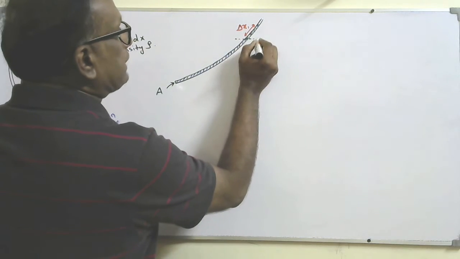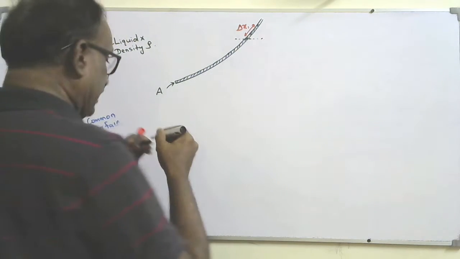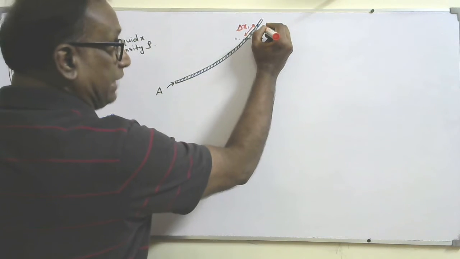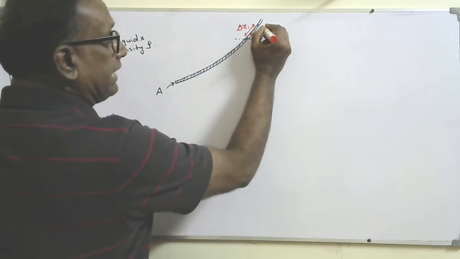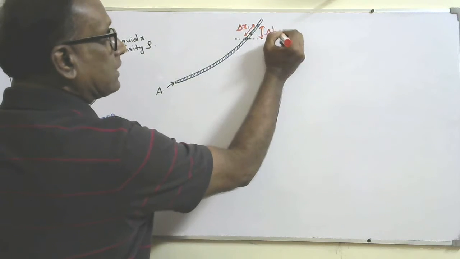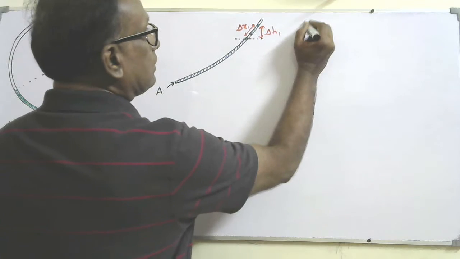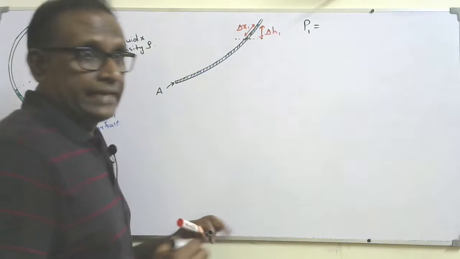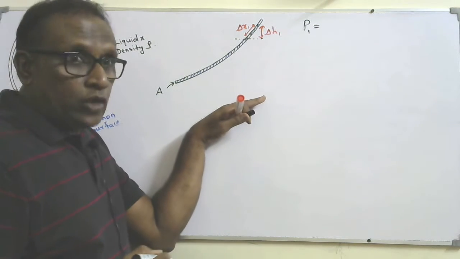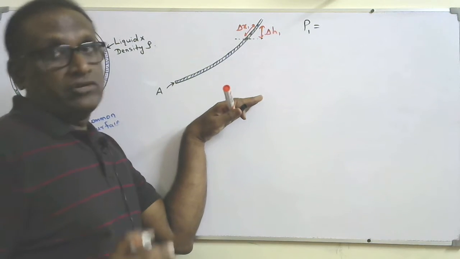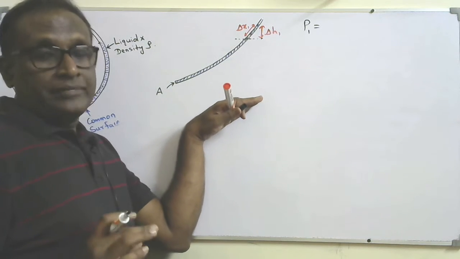So what is the pressure here? I can say the vertical height of this tiny length of liquid column is delta h1. So the pressure here, P1, is equal to, as I already explained, if the tube is sloped, we need to consider the vertical component of the length of the liquid column inside the tube.